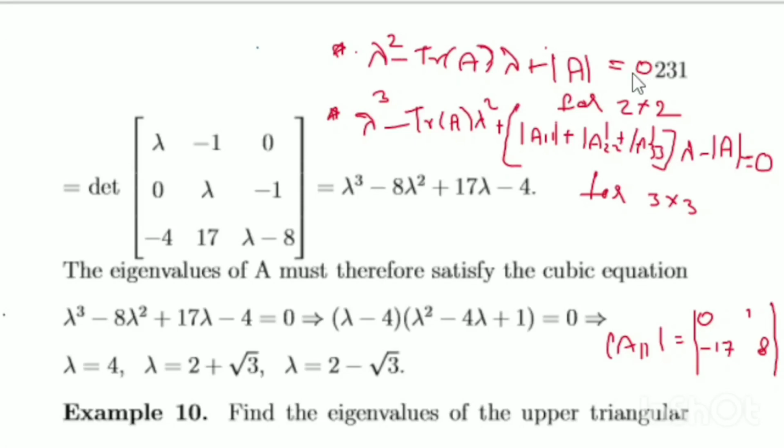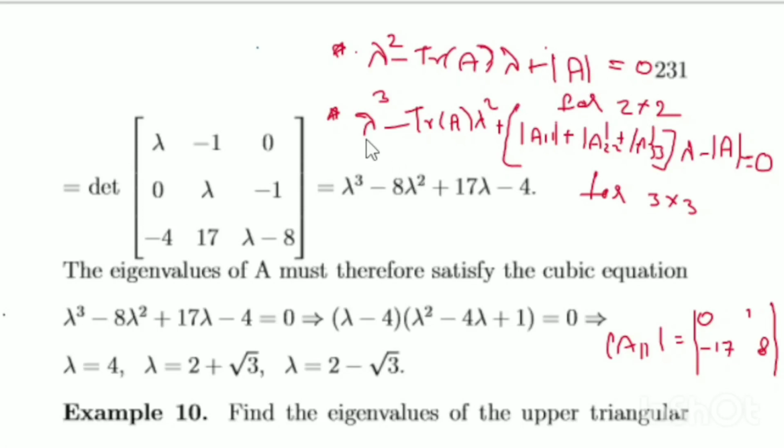So to find the characteristic equation of a matrix, you have to write down determinant of lambda I minus A equal to 0 and do all the corresponding steps. Then check it with the equation lambda square minus trace of A times lambda plus determinant of A equal to 0 for a 2 by 2 matrix.